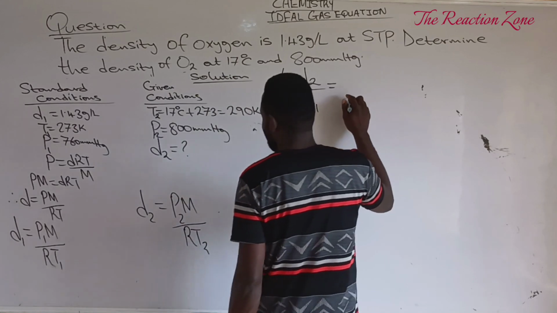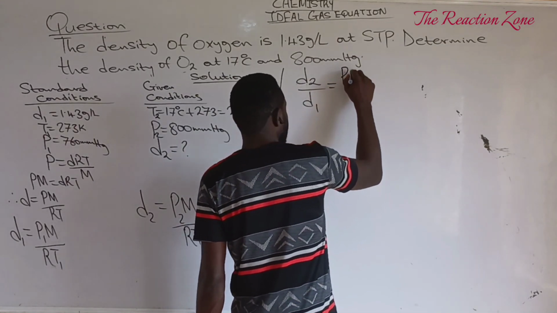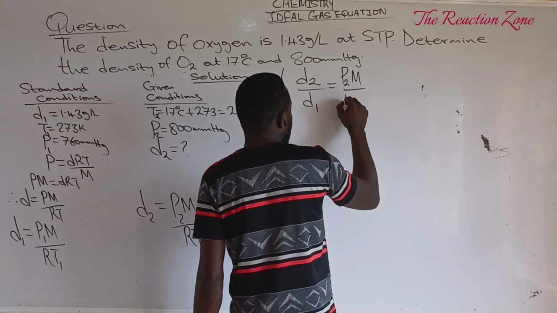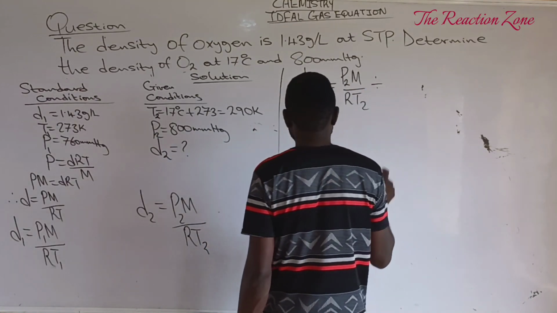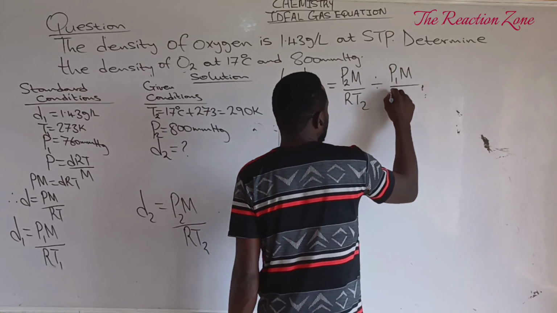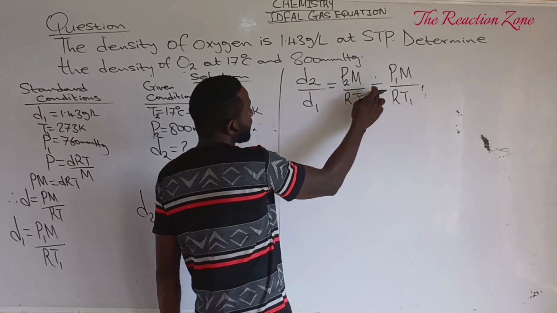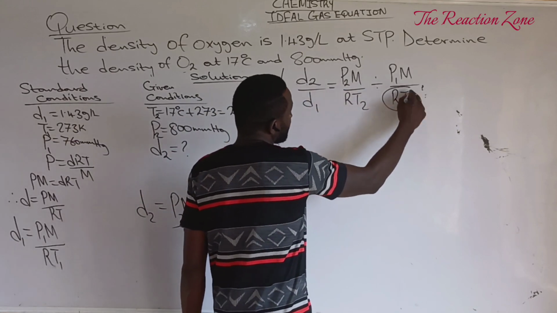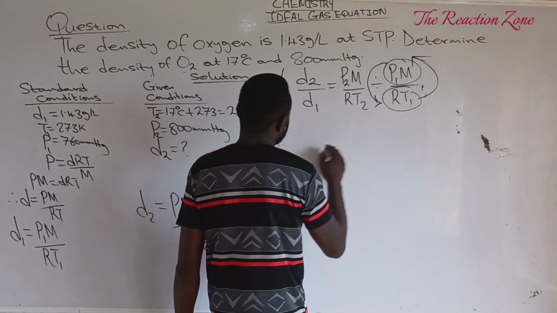It means we're going to have P2M over RT2 divided by P1M over RT1. When this arithmetic sign changes to multiplication, everything here goes up and everything here comes down.